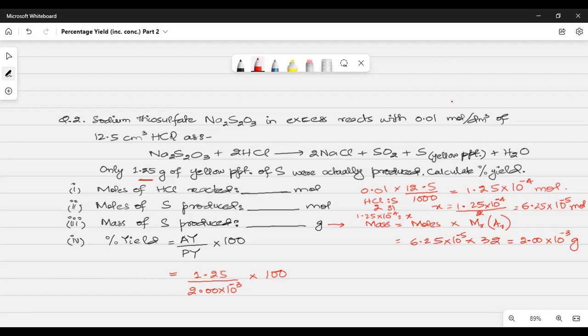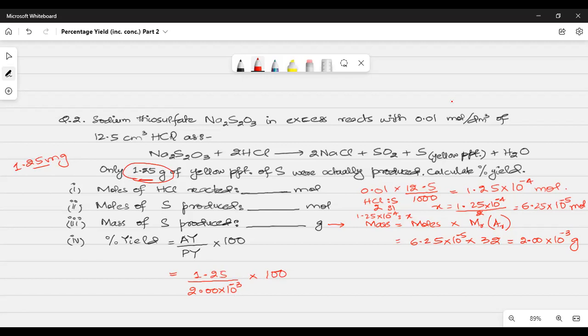At that time, I was thinking to change this value, which I gave as 1.25 grams, to 1.25 milligrams. If I had done it that way, it would have been correct. So this must be something really big, right? Yes, sir, more than a 100% answer.